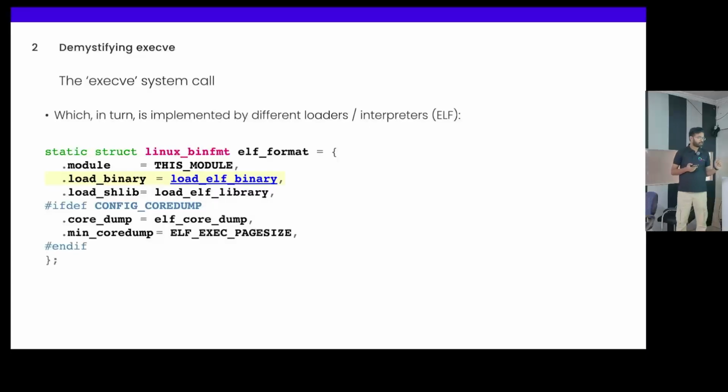That basically means that if somehow, and how exactly we will pull it off is an entirely different matter, but in theory, if somehow we can manipulate the chain of these structures, which tell kernel about various types of binaries, whether it is statically linked, dynamically linked, or a script file or whatever.